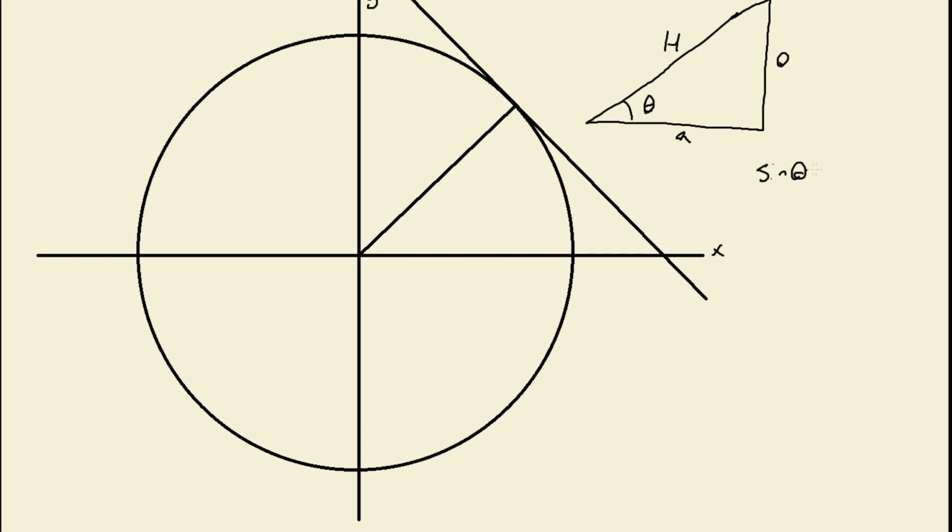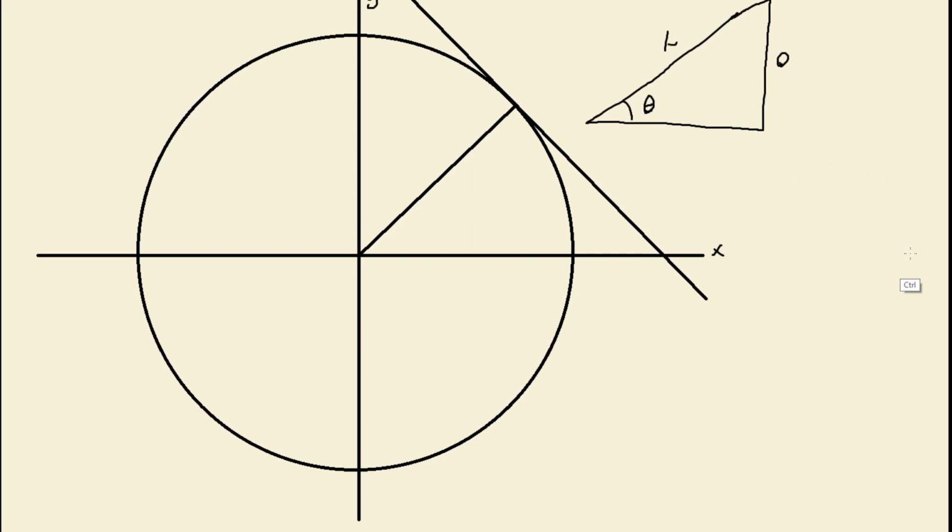We say that sine of theta is equal to opposite over hypotenuse. Cosine of theta is equal to adjacent over hypotenuse, and tangent of theta is equal to opposite over adjacent. Those are the trigonometric functions that we talk about when we're dealing with triangles.